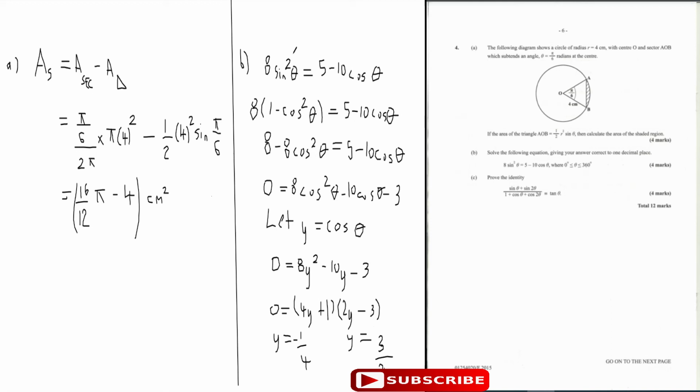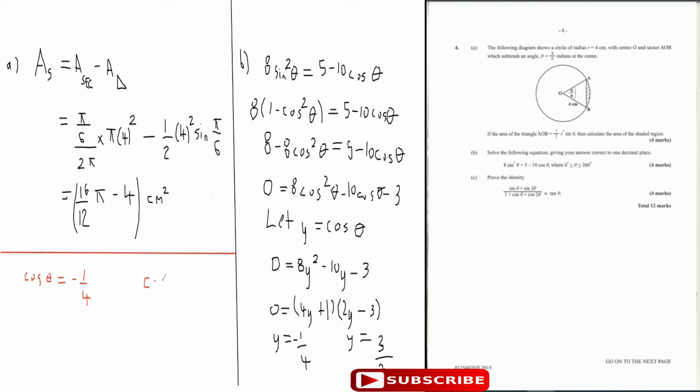So let's continue it over here. Let's make a line right here to continue part B. So the solutions that we're getting are, because cos theta is y, cos theta is equal to negative a quarter, or cos theta is 3 over 2.